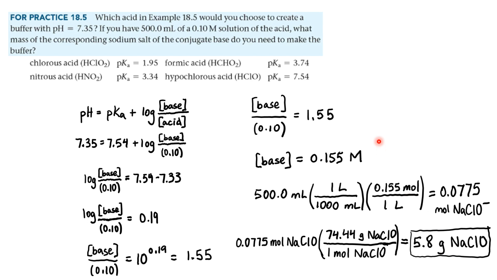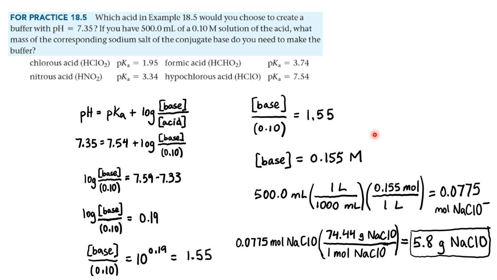And you might see this kind of question on the ACS, but you just need to be aware that if you find an acid that has a pKa close to the pH of the buffer that you want, that is the acid that you're going to choose, right? You want an acid with a pKa that's close to the pH of the buffer that you want, okay?